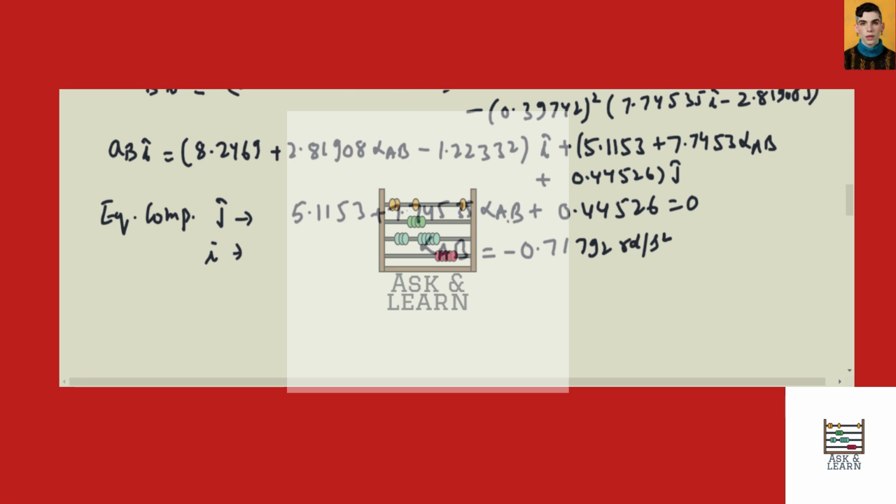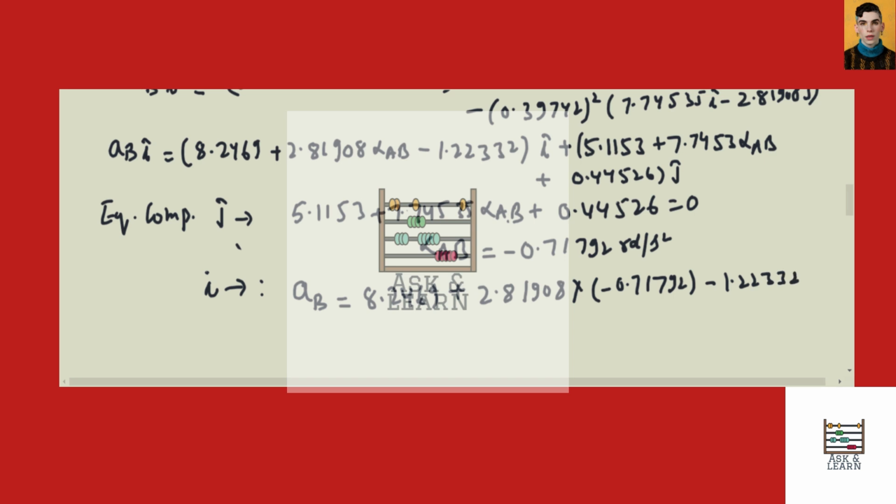Now equating the i component of the above equation, we can write a_B is equal to 8.2469 plus 2.81908 times 0.71792 minus 1.22332.